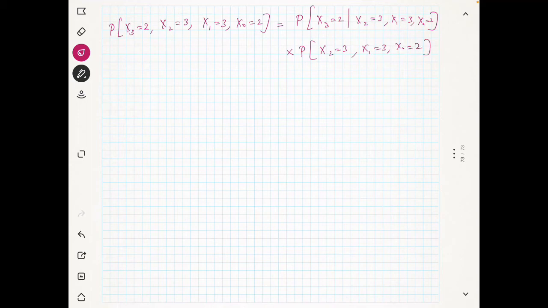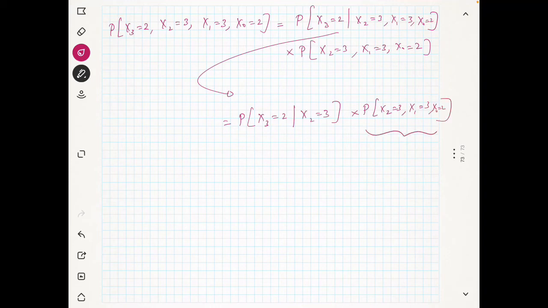This part I can write as the probability that x3 is equal to 2 given x2 is equal to 3, by the definition of the Markov property or Markov random process, multiplied with the probability that x2 is equal to 3, x1 is equal to 3, and x0 is equal to 2.